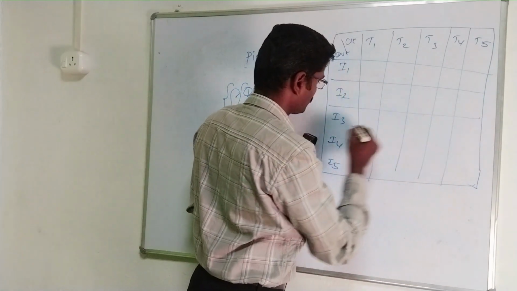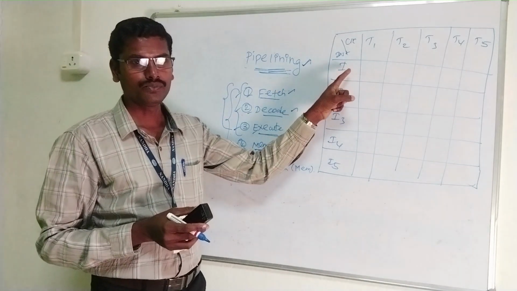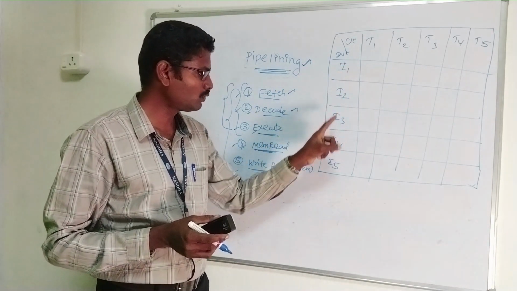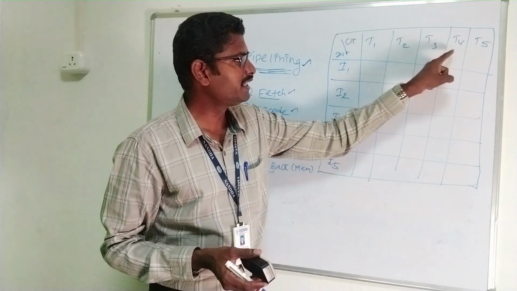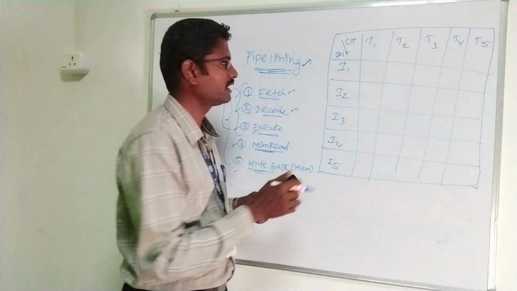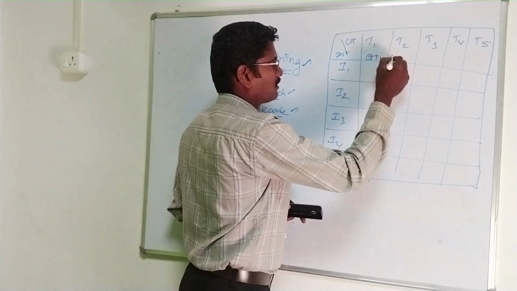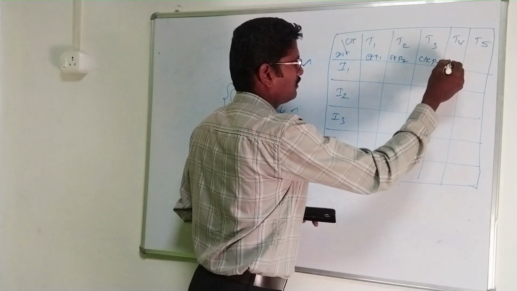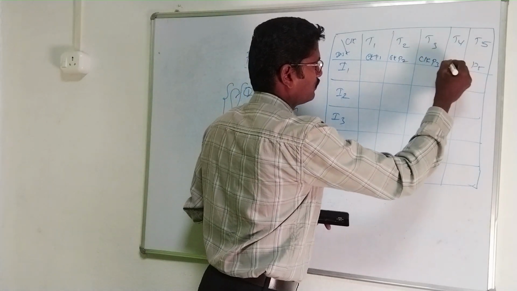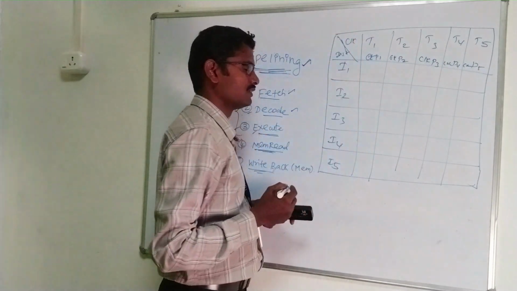I have taken 5 instructions, I1, I2, I3, I4 and I5, and T1 to T5 are the clock pulses, right? So instruction and clock pulse.